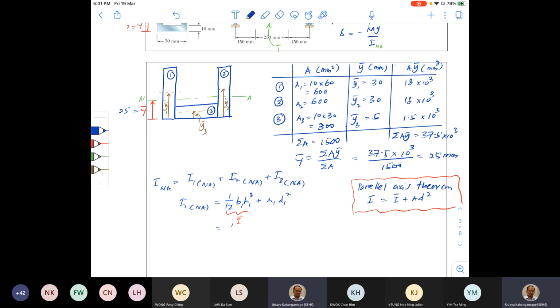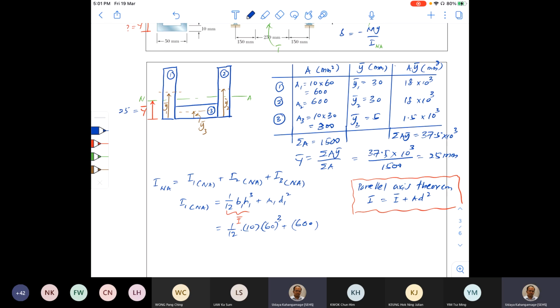Okay, so we'll substitute the numbers. 1 over 12 times B1, the width of section 1, it is 10 millimeters, right? We'll write everything in millimeters, later convert into meters. 10 millimeters into height. Height is 60, right? 60 to the power 3. Then the area A1, we calculated it as 600.